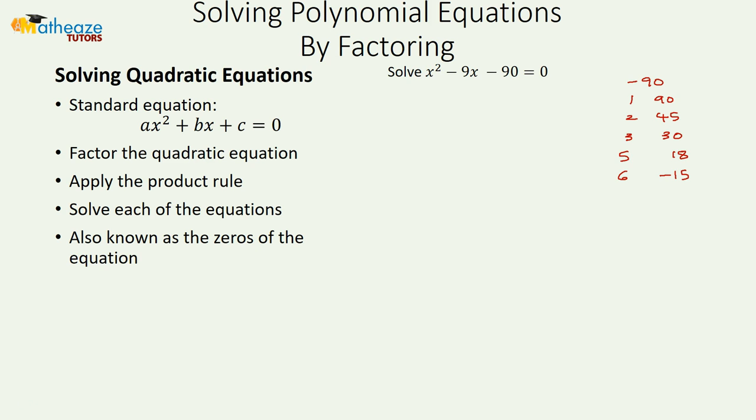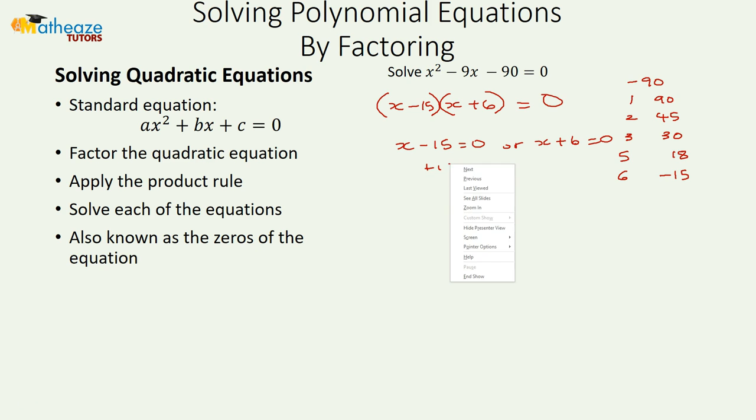So we have open parenthesis here, x minus 15, x plus 6. So using our product rule, we have to make sure that either of those terms is equal to 0, x minus 15 equal to 0 or x plus 6 equal to 0.